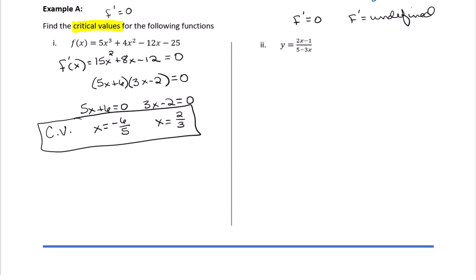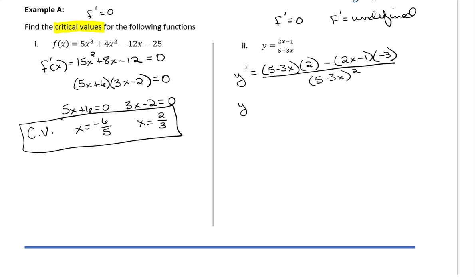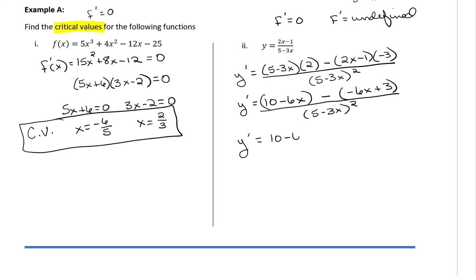Since we've got a fraction, and remember it is undefined where there is 0 in the denominator. So let's first find the derivative. So using our quotient rule, low d high minus high d low over low squared, and then simplifying, we end up with the first derivative being 7 over the quantity (5 - 3x) squared.